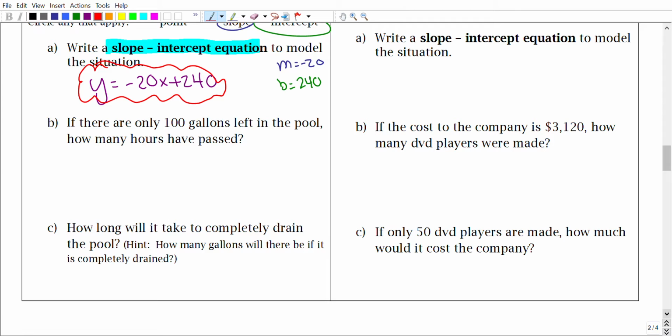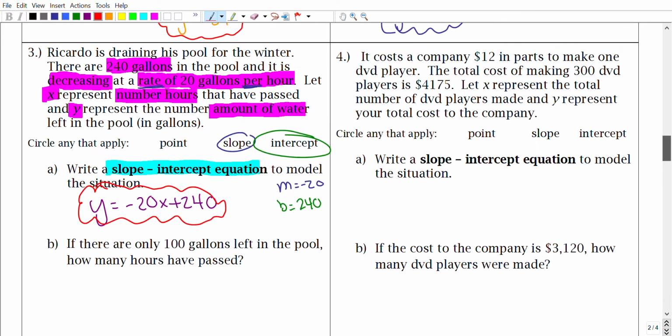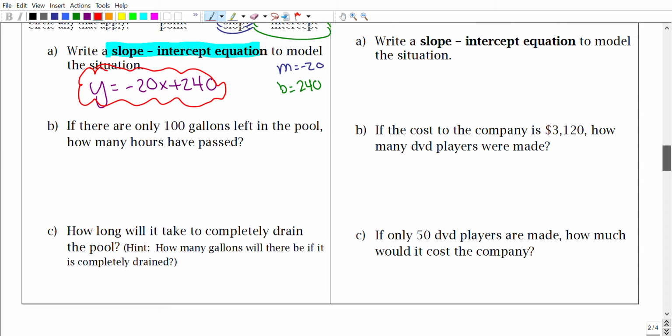It says, if there are only 100 gallons left in the pool, how many hours have passed? Well, what variable represented gallons? Let's go back up. Gallons of water was represented by my y, right? My amount of water. So that's where I'm going to substitute in those 100 gallons. So I have 100 equals negative 20x plus 240. We solve just like any other problem.